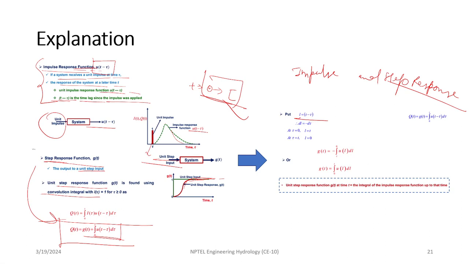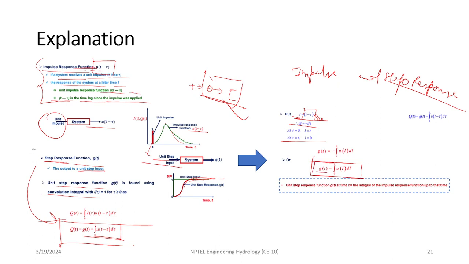To get the value, t minus tau is assumed as L, then we take the differential in order to take the integral value, and accordingly we change the tau value. So this final expression comes up.